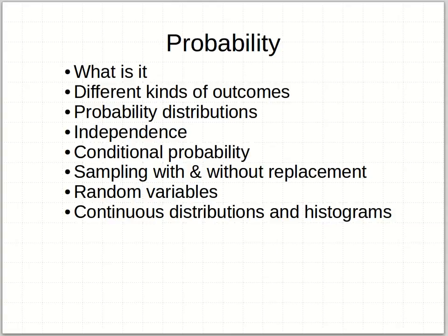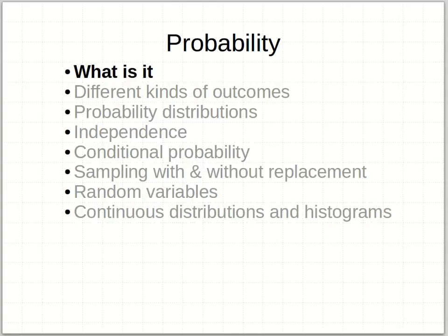And then that sets us up for the understanding of what is a continuous distribution and histograms, which we'll be using quite a bit in the next lecture, which is about distributions. So what is meant by probability? Let's start off with that.